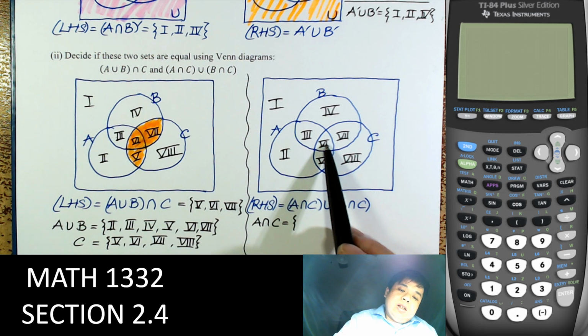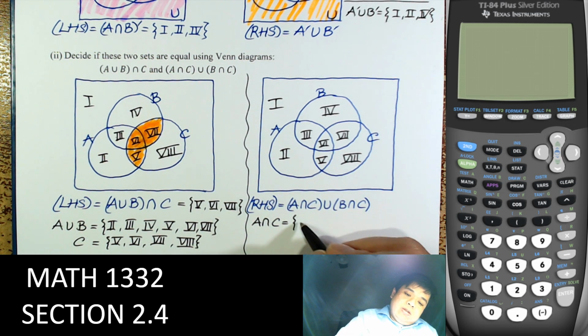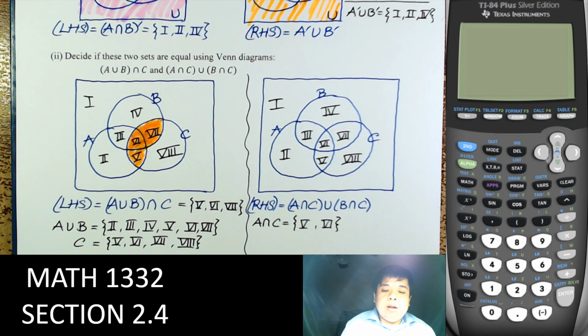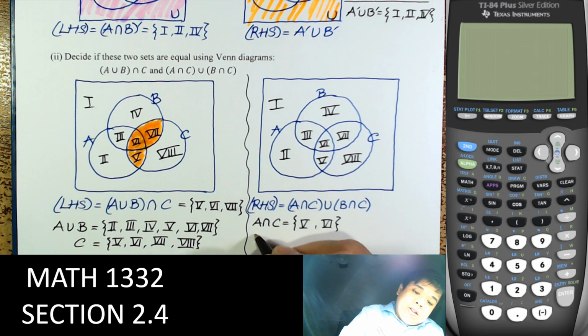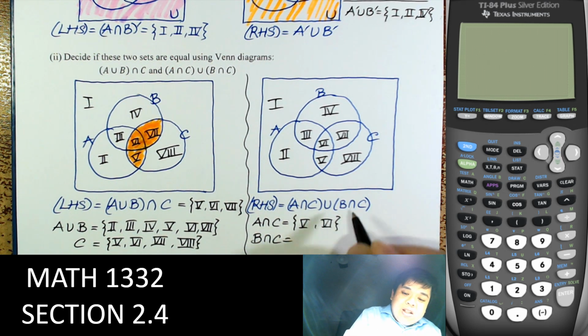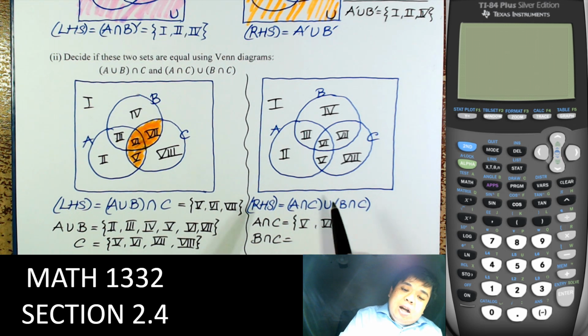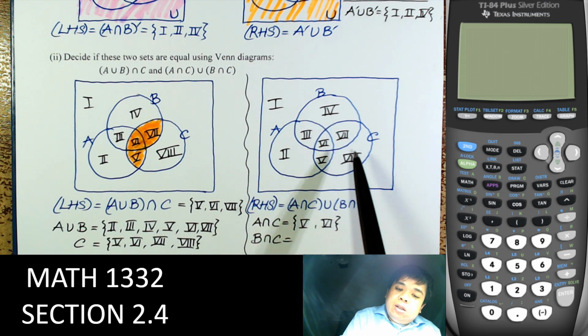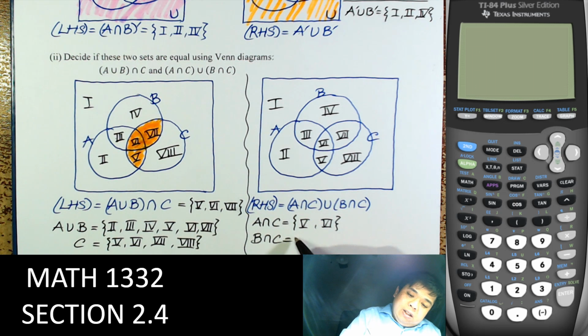That would be just 5 and 6, right? Now what do B and C have in common? B intersect C, just 6 and 7.